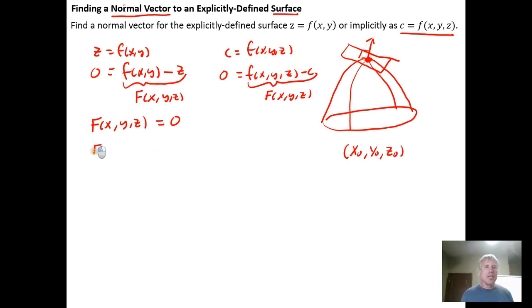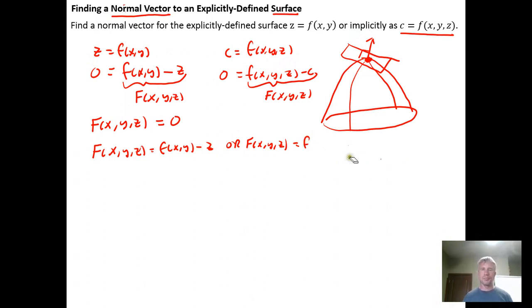And either big F of x, y, z is equal to little f of x, y minus z, or big F of x, y, z is equal to little f of x, y, z minus c. One of these two things is true.